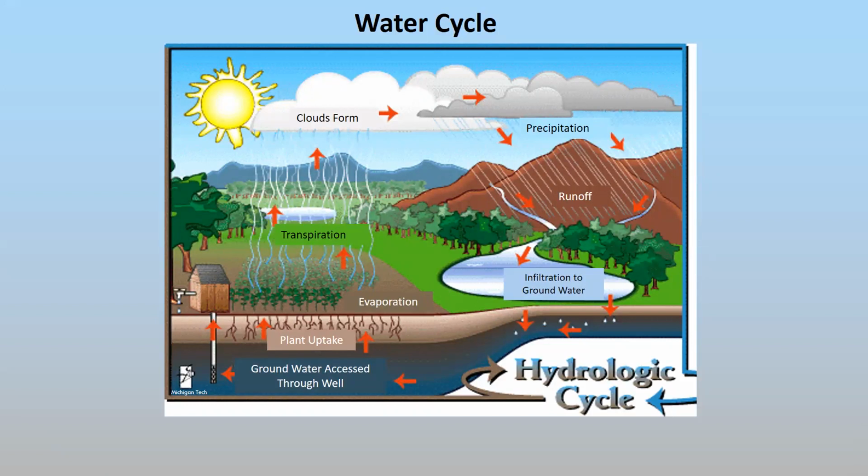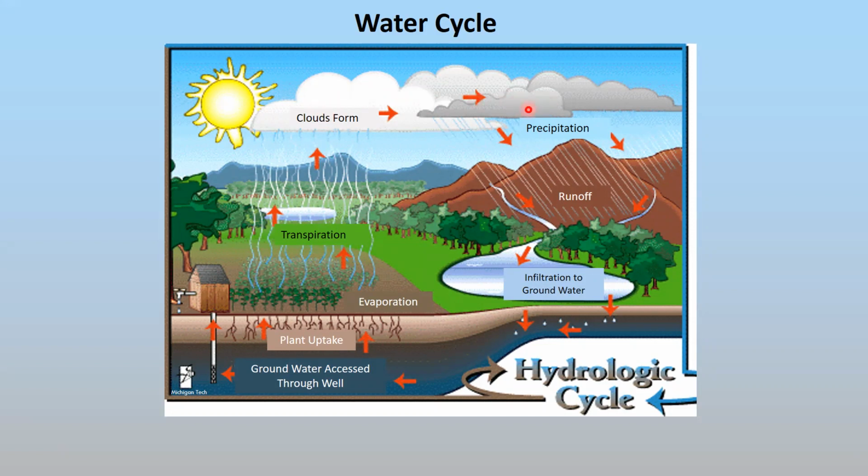This is a schematic of the hydrologic or water cycle, which shows a basic fundamental physical practice that goes on continuously on Earth, and very important, shows the connectivity of all of our water. So water will evaporate from the land surface and from oceans, form clouds in the atmosphere.